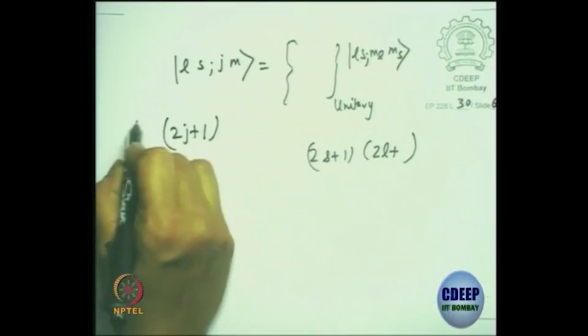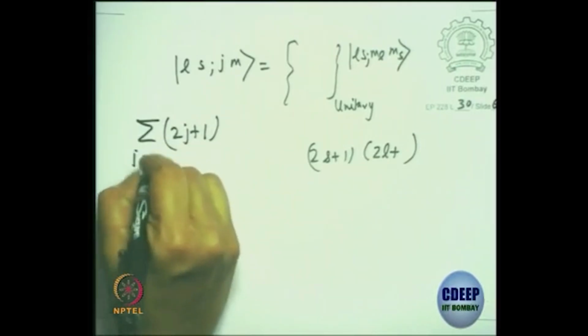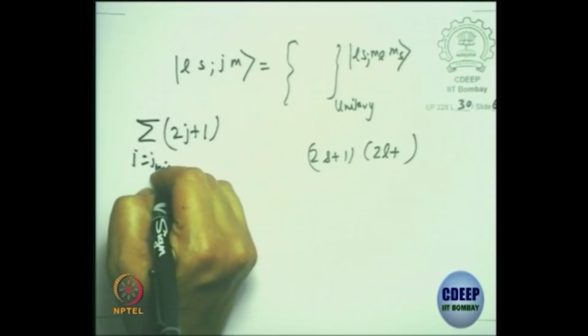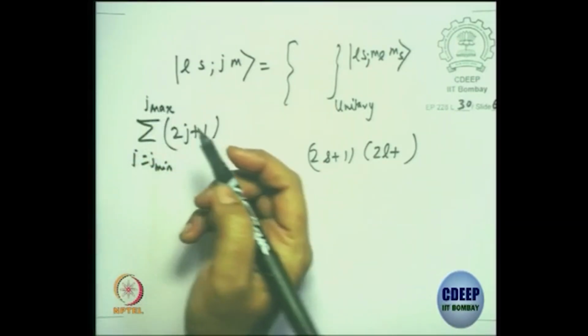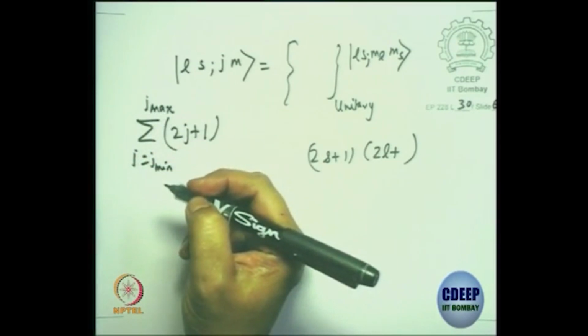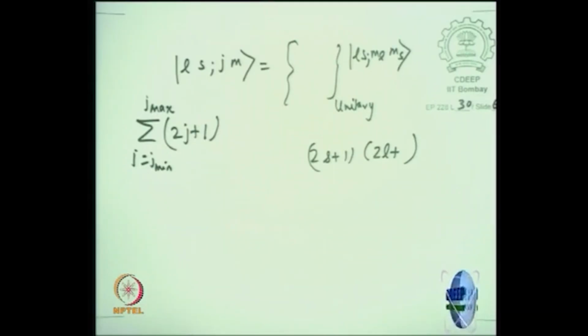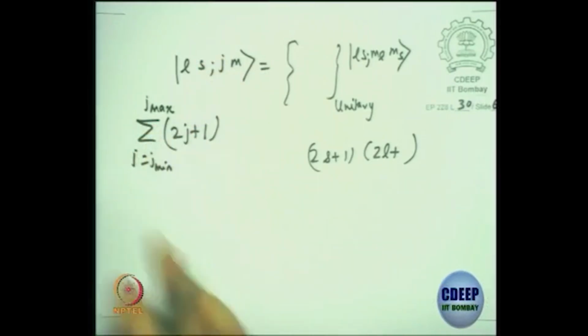And then you have to sum up over some J, which is J min to J max. I didn't say what values J takes. Let's assume it takes from J min to J max. Let me not say what that value is. What is the requirement?